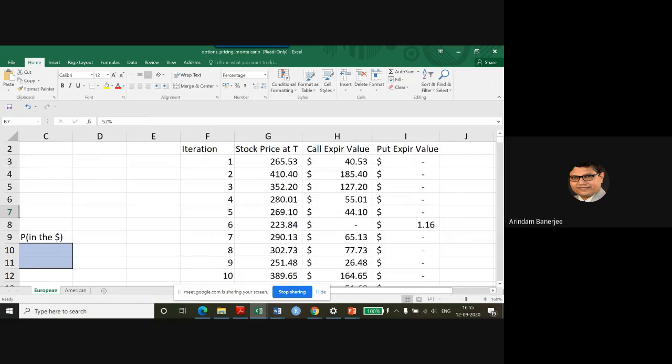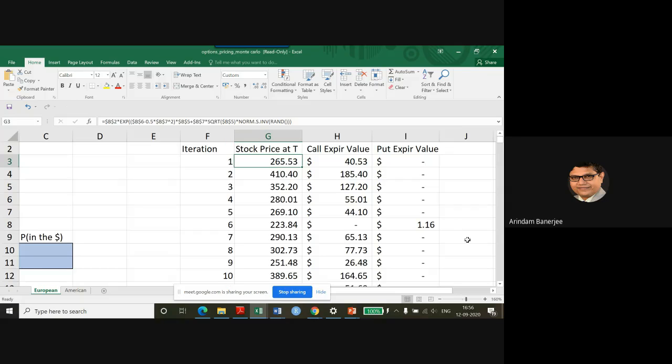How many times? The stock price here is actually nothing but a randomized value of the stock price using Black and Scholes. This formula is actually the Black and Scholes formula, right? And it is randomized using the rand function, and then the normalized value of the random function is taken.